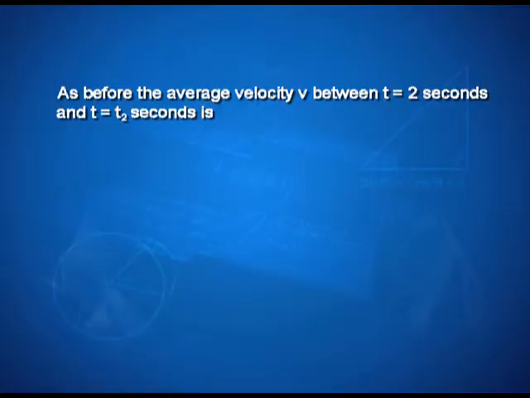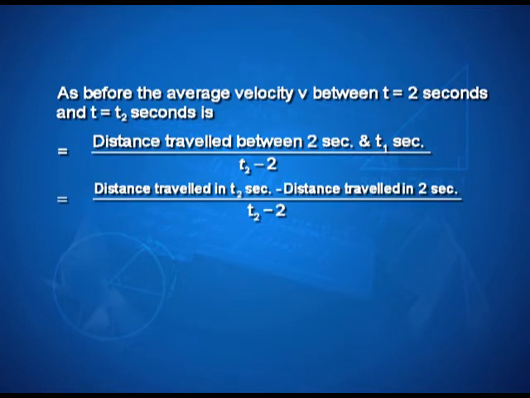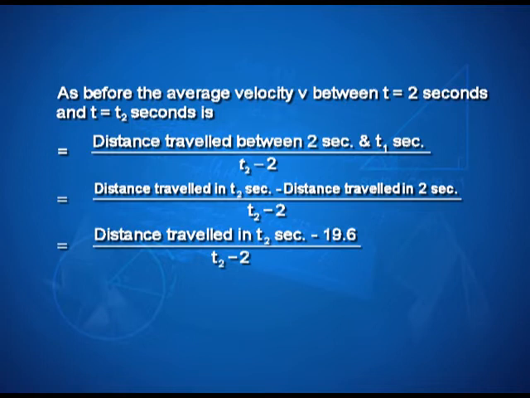As before, the average velocity v between t = 2 seconds and t = t2 seconds is given by distance travelled between 2 seconds and t2 seconds divided by t2 minus 2, that is equal to distance travelled in t2 seconds minus distance travelled in 2 seconds divided by t2 minus 2, that is equal to distance travelled in t2 seconds minus 19.6 upon t2 minus 2.